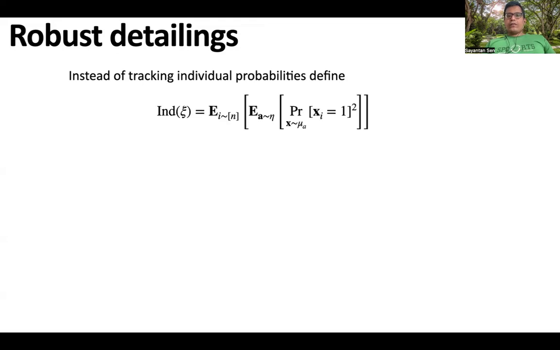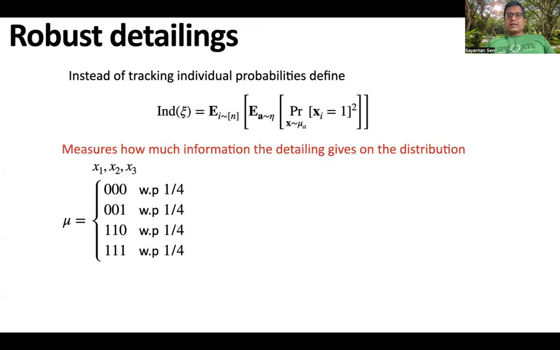Okay, now we have the notion of robust detailings. In order to formally underpin how a robust detailing works, we define the notion of the index of a detailing, which is again similar to the index of a partition in the graph regularity lemma.